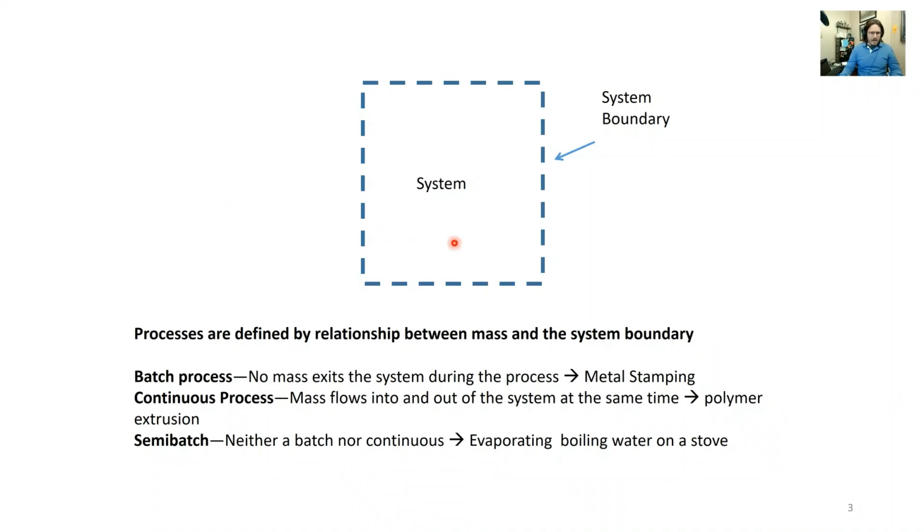But the system boundary is very important, particularly for energy, because of the way energy can cross system boundaries in different forms, and we'll get to that when we talk about energy balances. In this instance, processes are defined by the relationship between mass and the system boundary. I just said that.